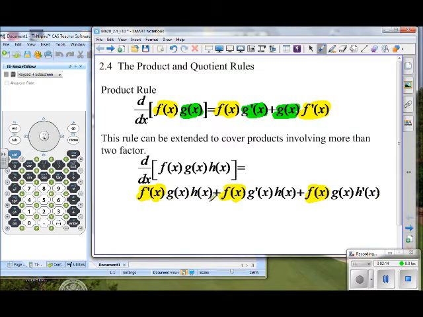So in each of these products we have a derivative of one of the three. Now we're not going to encounter this very frequently. This may not come up in much of our work, so we're going to primarily focus on this simplified form of the product rule.